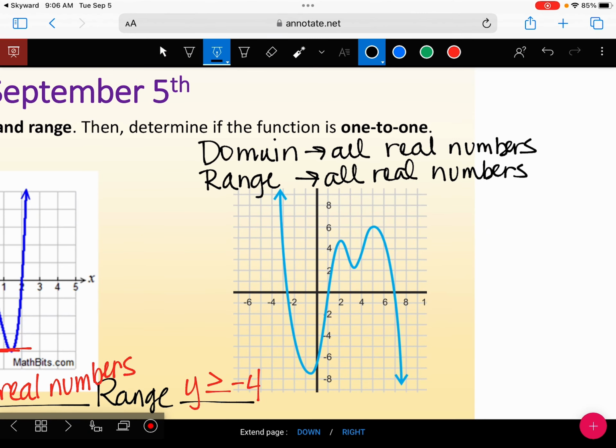So your domain is all real numbers, because again, you have arrows going to the left and arrows going to the right. Your range is all real numbers because one side is increasing and the other side is decreasing.